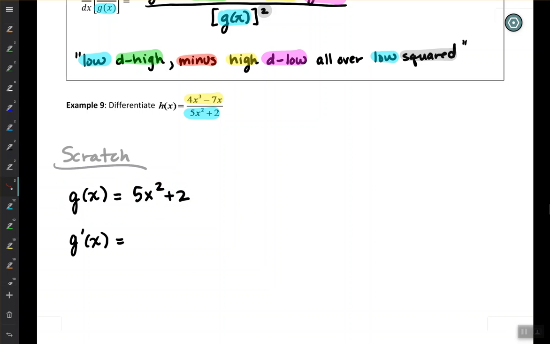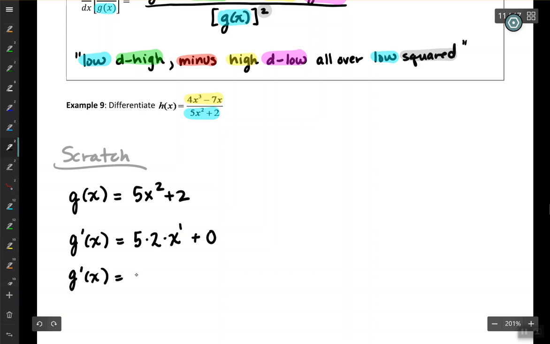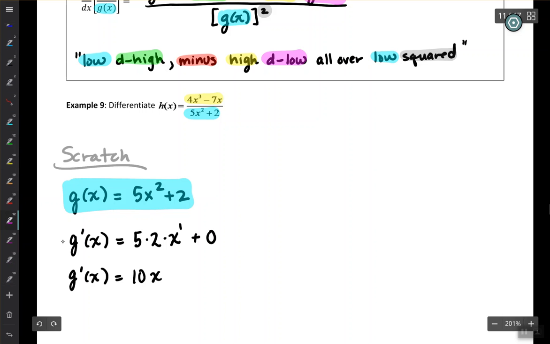I can differentiate term by term. The derivative of 5x squared is 5 times 2 times x to the power of 2 minus 1, x to the 1, plus the derivative of 2, and the derivative of a constant is just 0. G prime of x is 10x. So we have our low, and we have our d low.